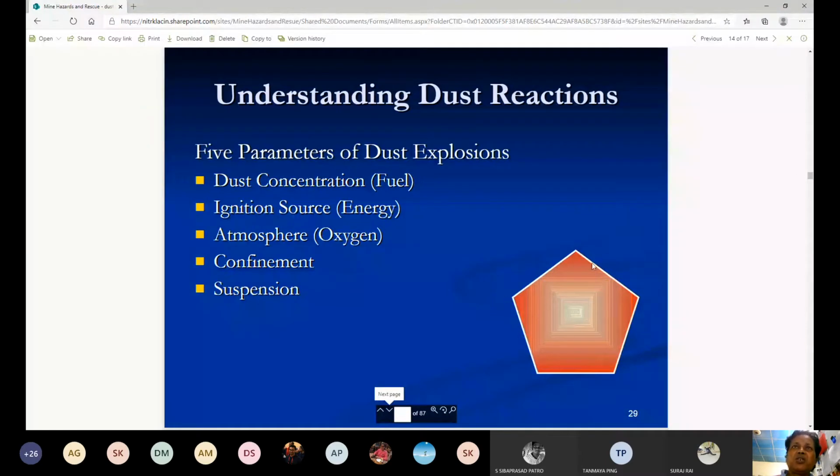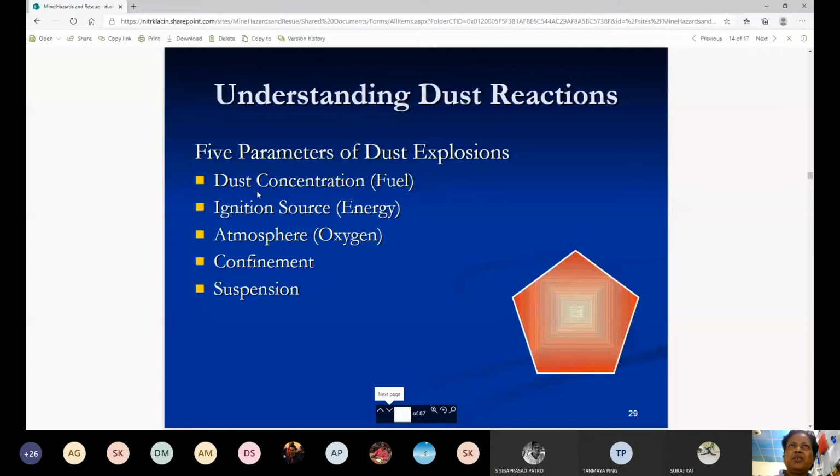Then the ignition source or energy. Then the atmosphere, oxygen. Then confinement, and then the dust remains suspended. If these five parameters are met, then a coal dust explosion takes place.